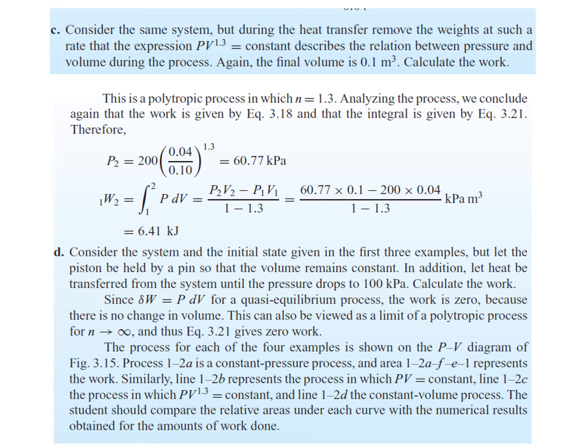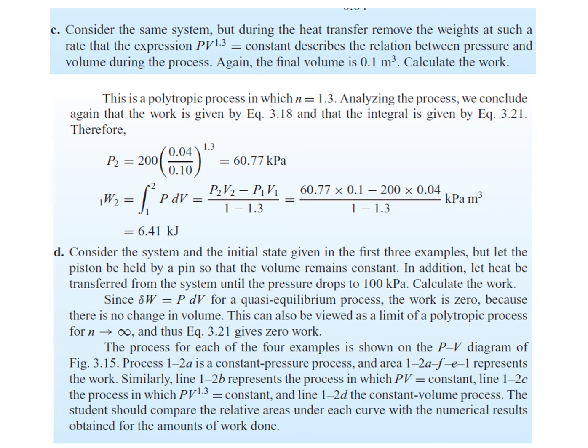Now the fourth scenario is when we consider the system with the initial states, and we put a pin in the piston so that the piston cannot move now. If the piston cannot move, you can definitely guess what the work will be. There will be no change in volume. So when there is no change in volume, there is no work.